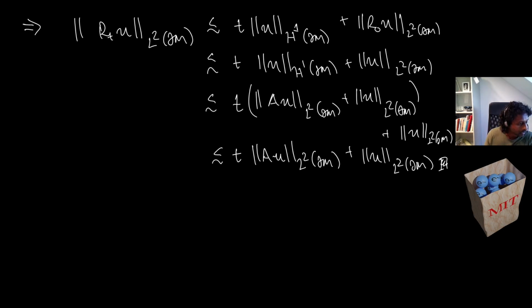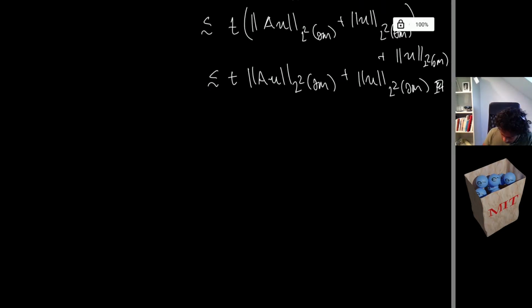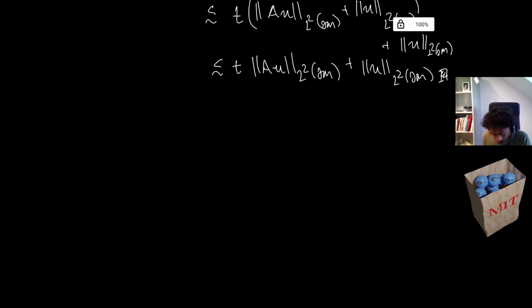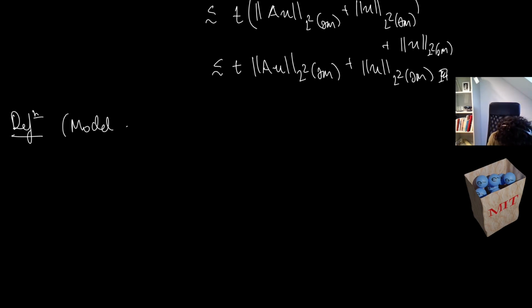Okay, so what do I want to say next? Following on from this, maybe I would take the time now to make a definition. The model operator on the interval, that was the notation I used, is precisely the operator D naught, which is equal to sigma naught.